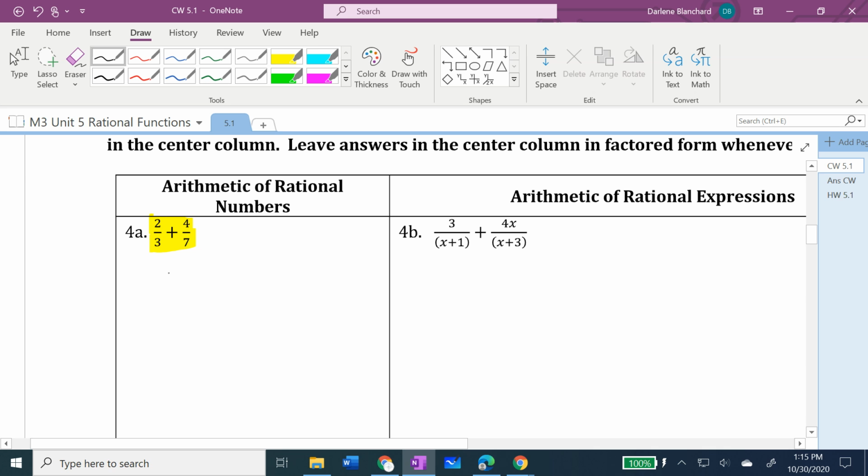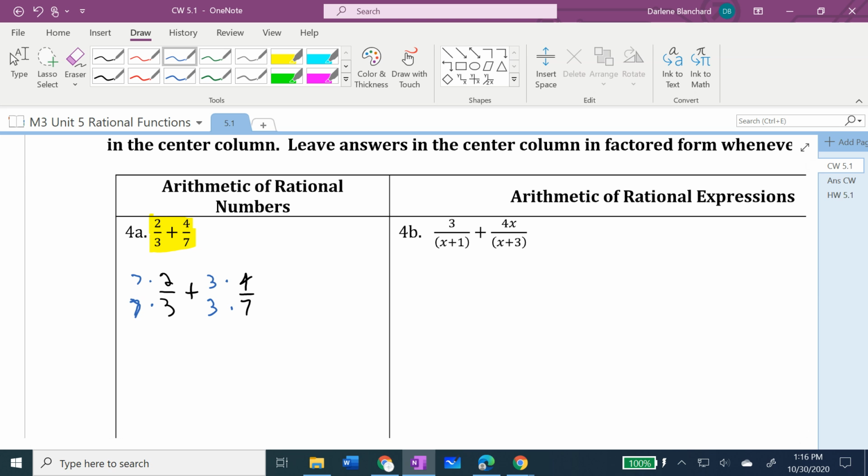So you're going to take that 2/3 and you're going to multiply its numerator and denominator by 7, so you don't change the value of that fraction. And then with 4/7, we are going to multiply its numerator and denominator by 3, so that I don't change what value it represents.